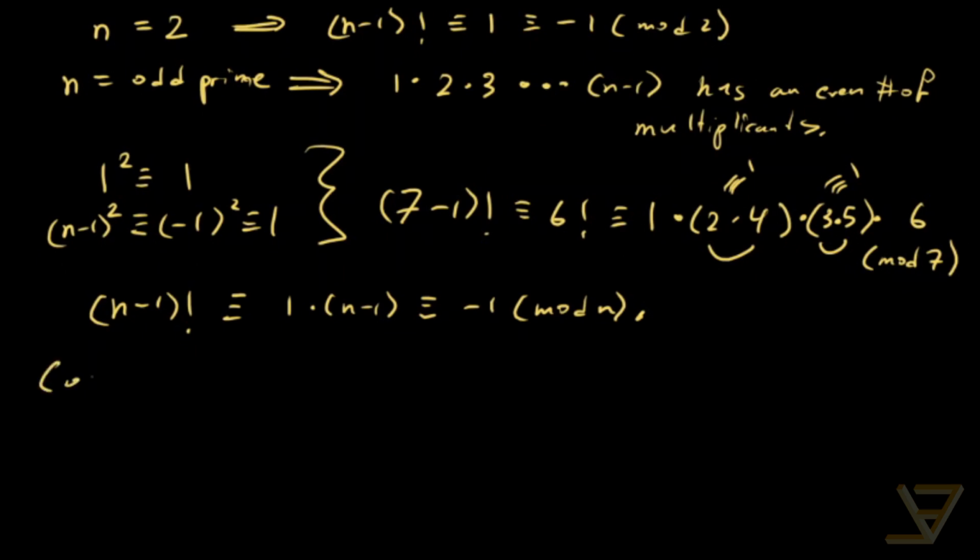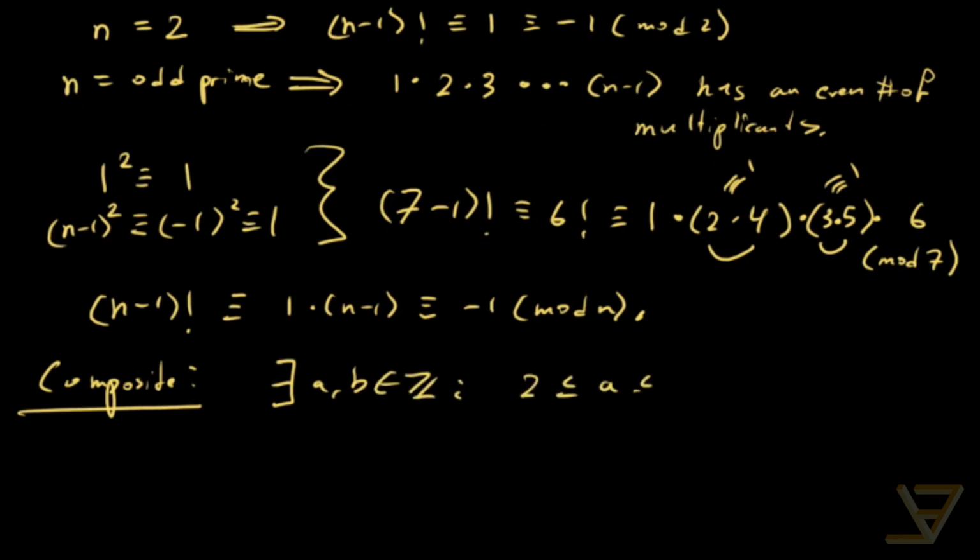Next, we're going to move on to the composite case. Because it's composite, what we can say is that there exist a and b in the integers such that 2 is less than or equal to a, and a is less than or equal to b, and b is less than or equal to n minus 1, and ab is equal to n.